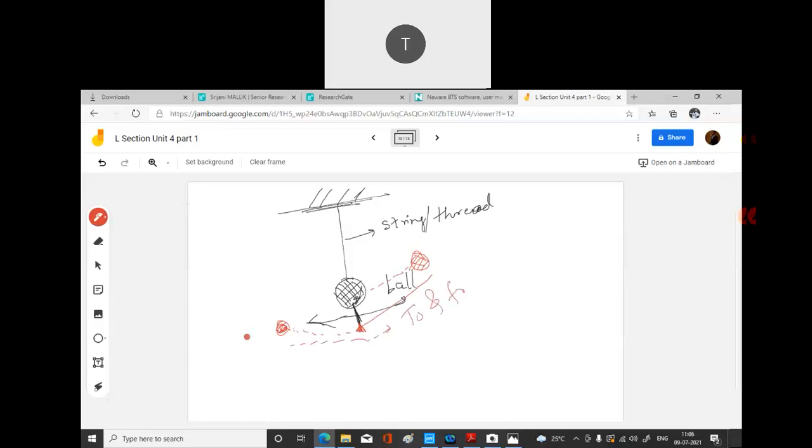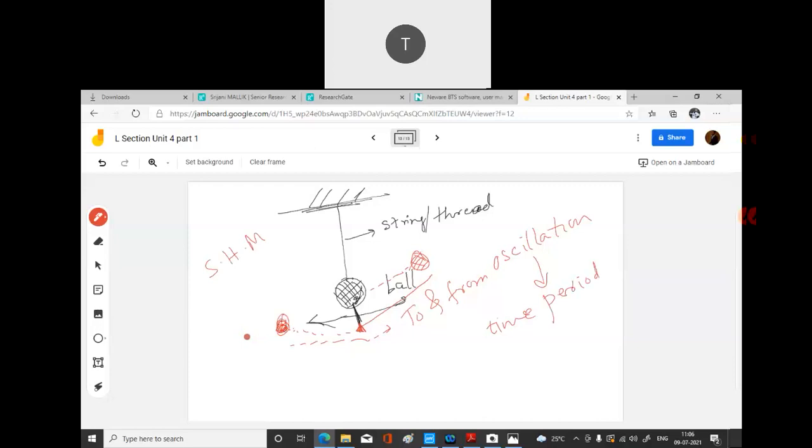To and fro means from this position to the other position, and then it keeps on going. So you used to take to and fro oscillation, and then you used to take the time period. This is like your simple harmonic motion. So in case of simple harmonic motion, you were trying to find the time period. What is the time period?